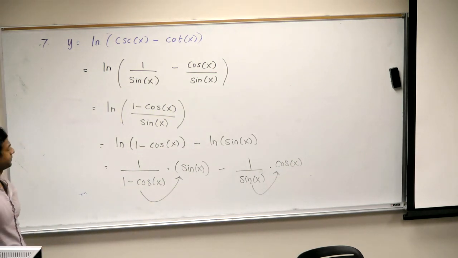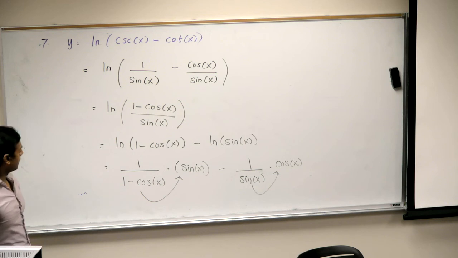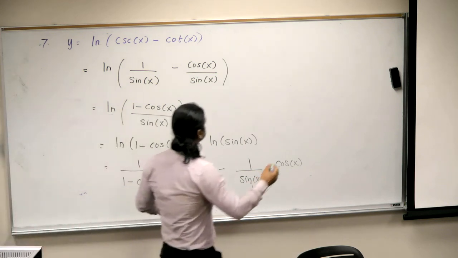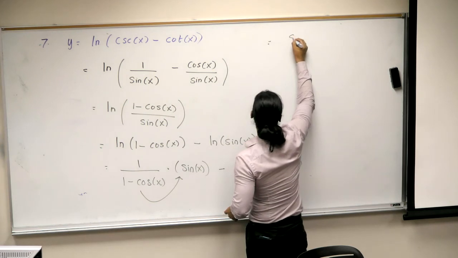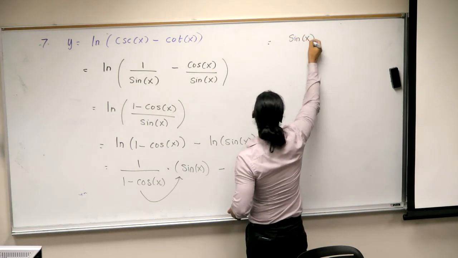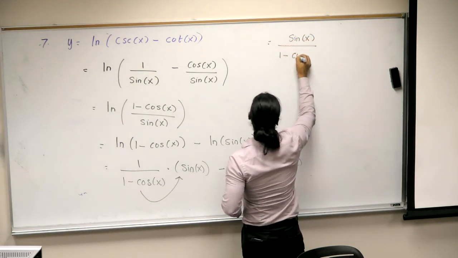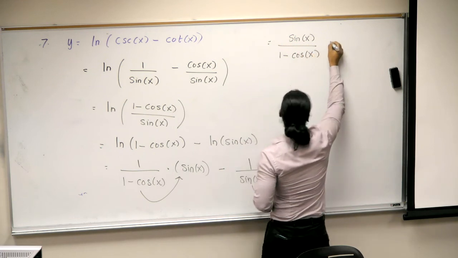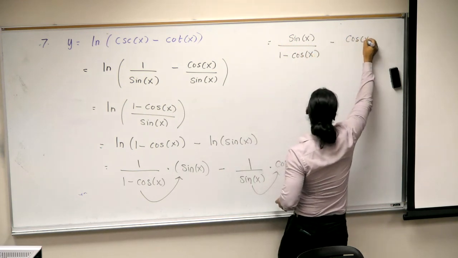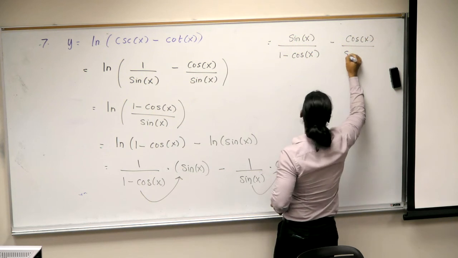So what you end up getting is 1 over 1 minus cosine x times sine x. Good so far. So I can simply write the answer as sine x over 1 minus cosine x minus cosine x over sine x.